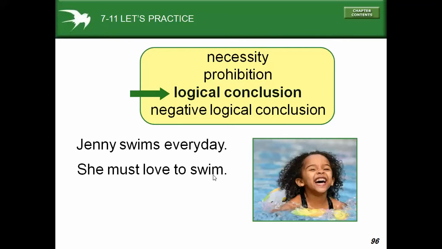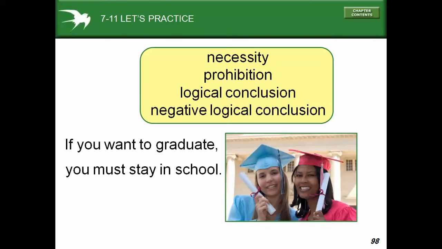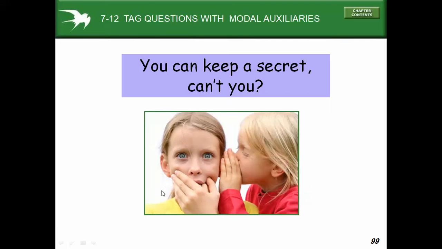This is a logical conclusion. Smoking is not allowed. You mustn't smoke. This is prohibition. If you want to graduate, you must stay in school. This is necessity.